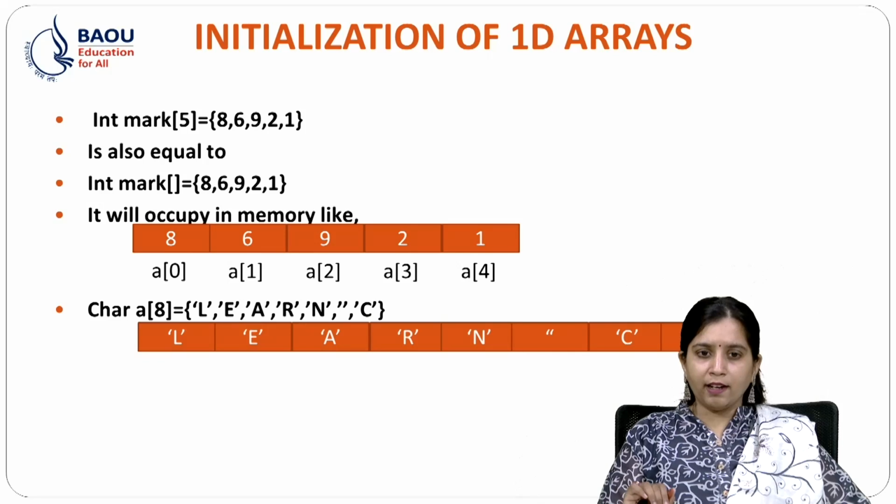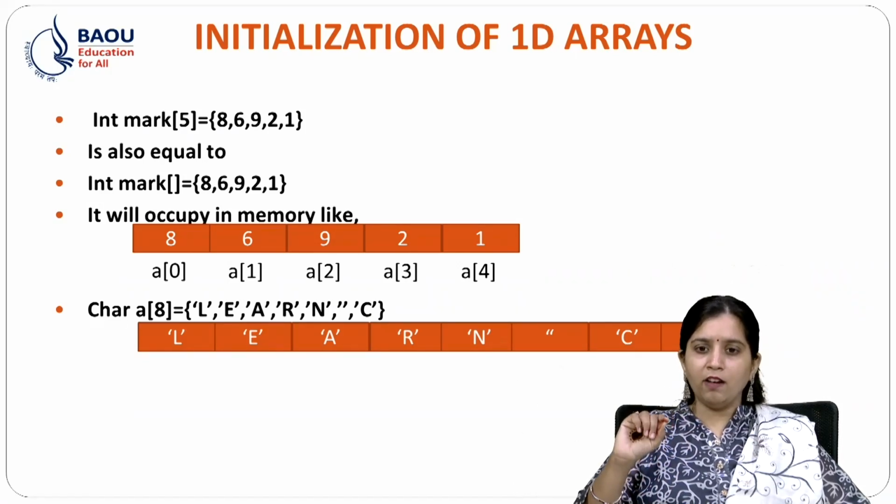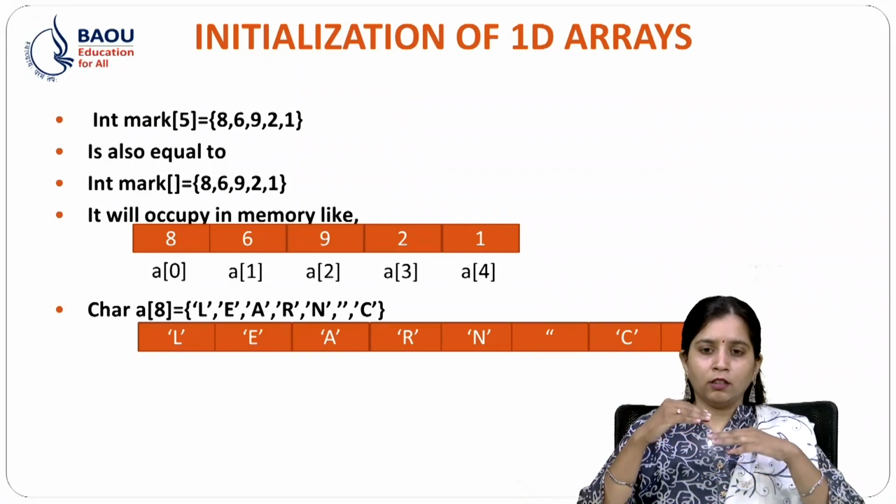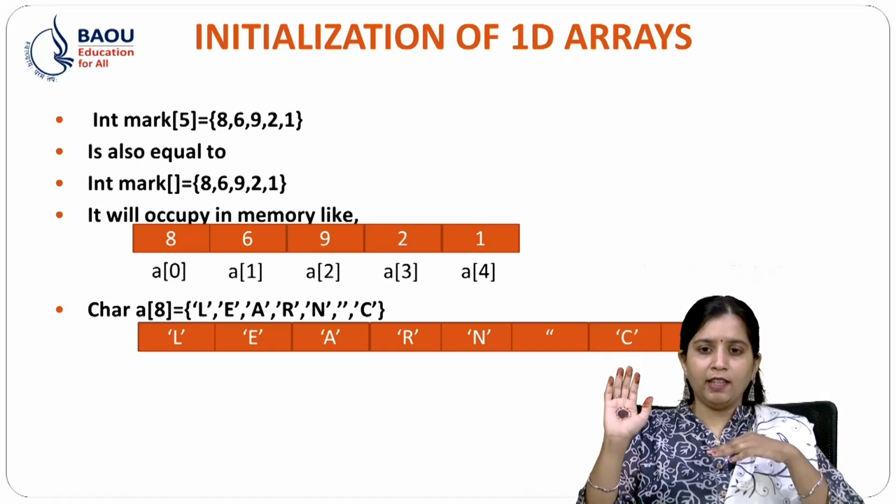In a character array, a null value will always be there at the end. So whenever we initialize our character array, we will include 0 or null at the end. The compiler will automatically add null at the end.